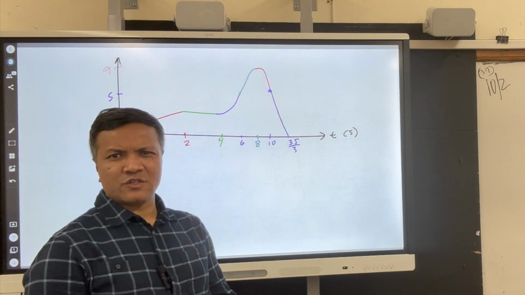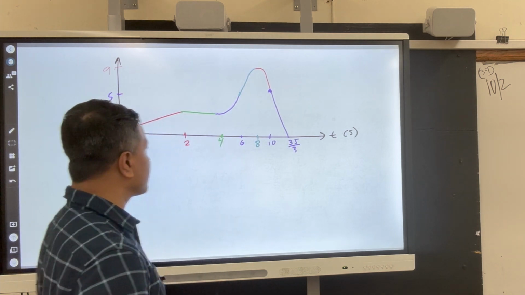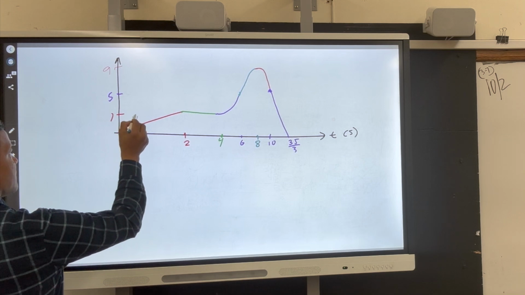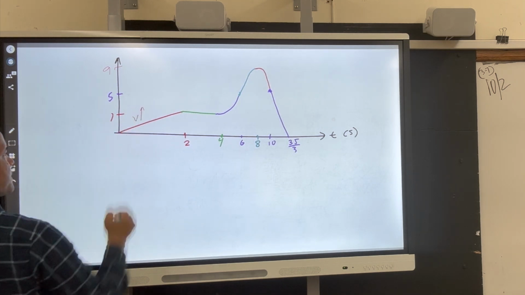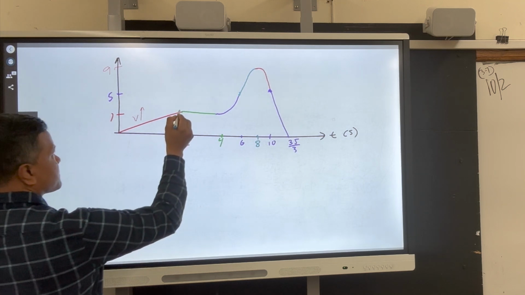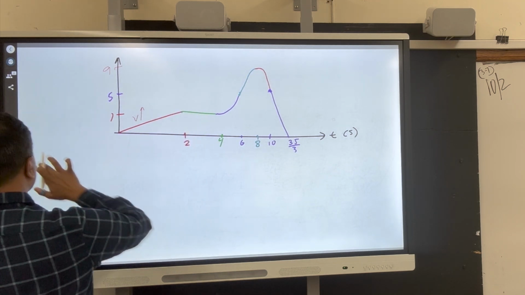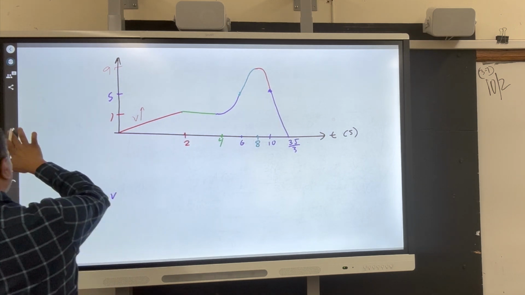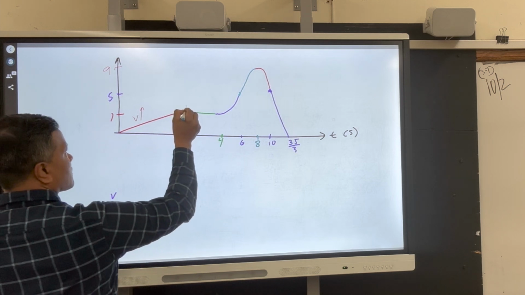So our goal is to explain the graph now. Over here, the velocity vector is positive. Over here, velocity is 0. Velocity is 0.